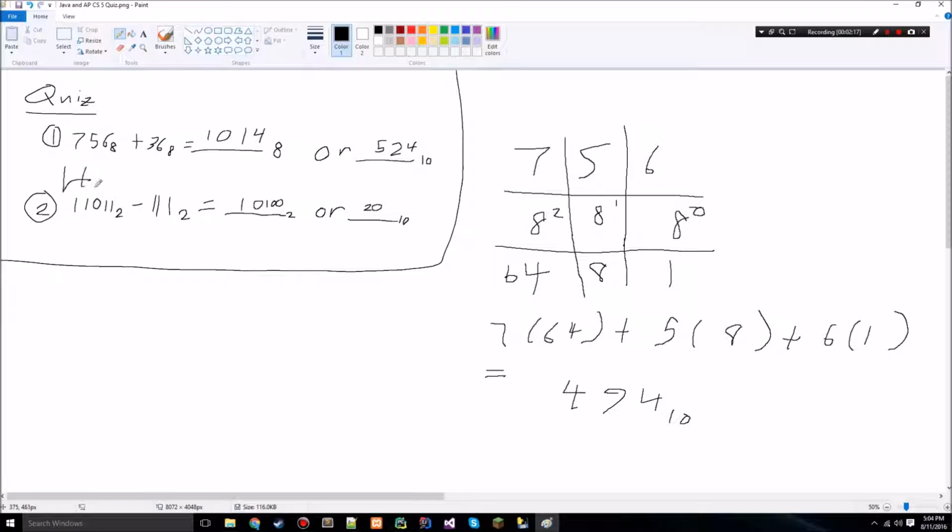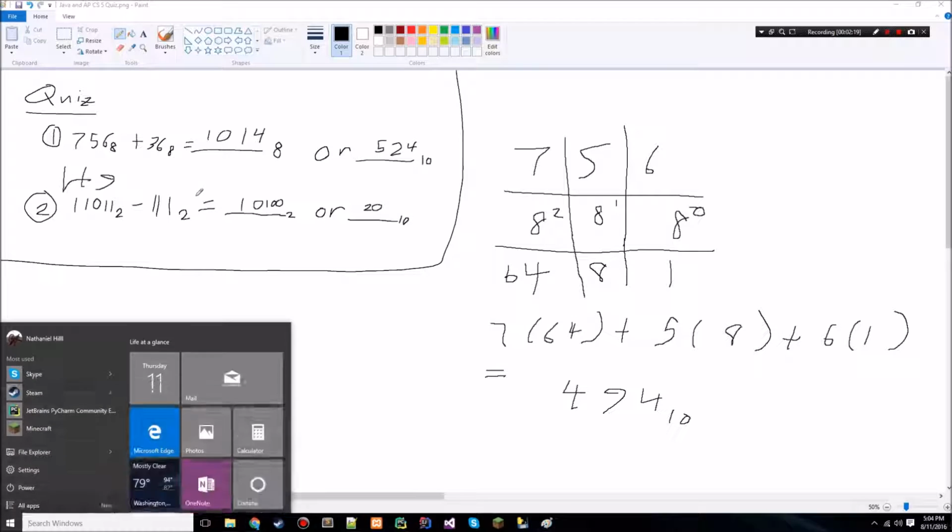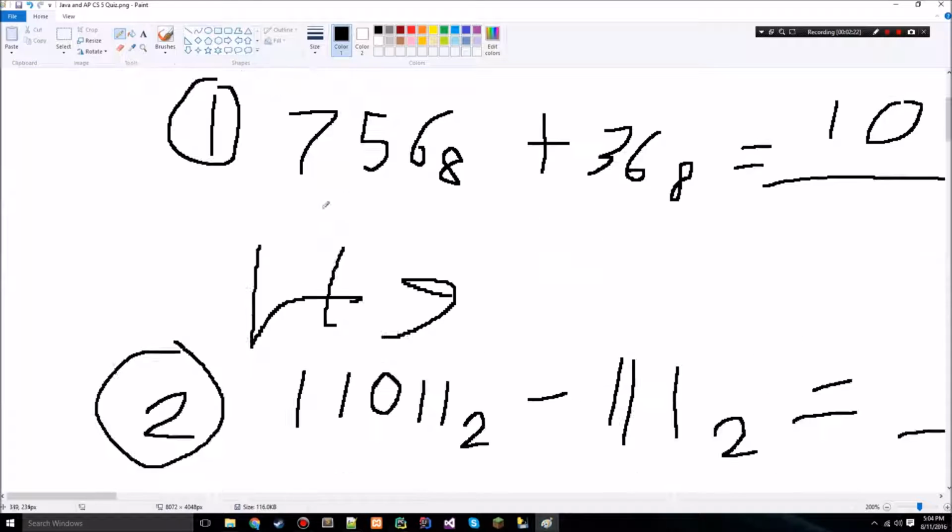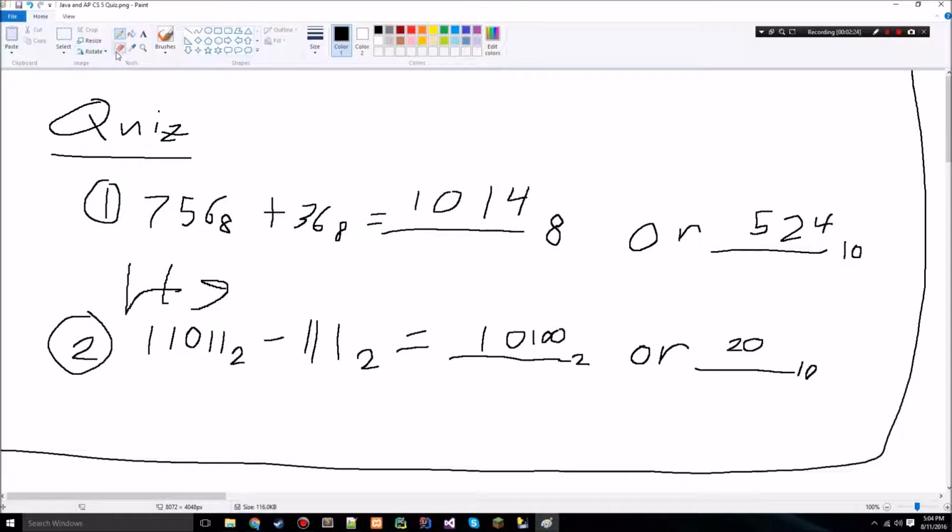So that's what that is in base 10. Let's go ahead and zoom in. 494 base 10.